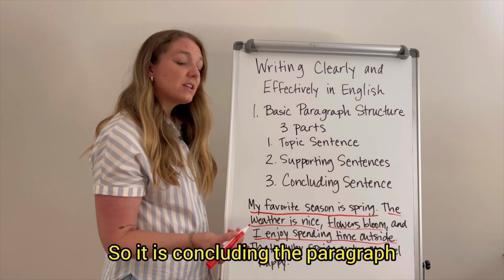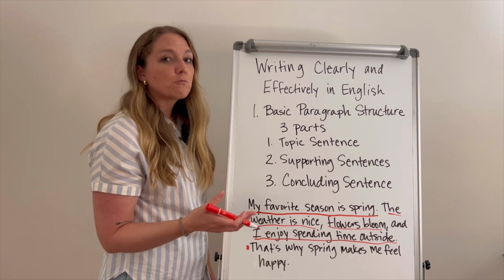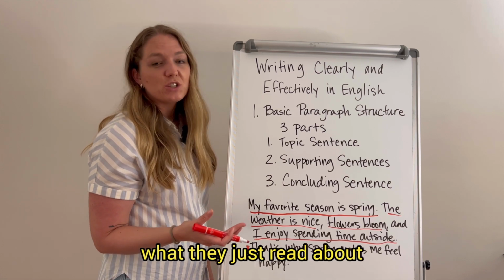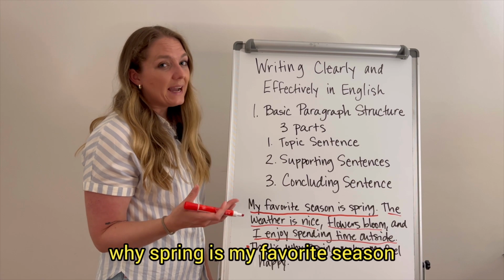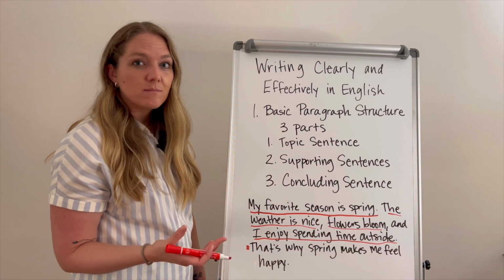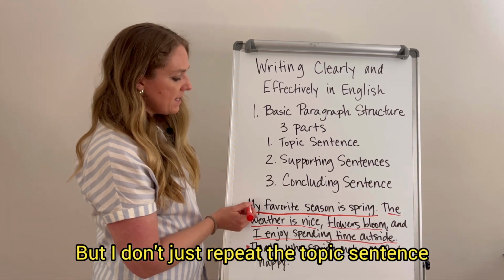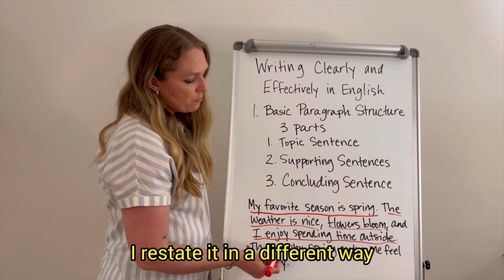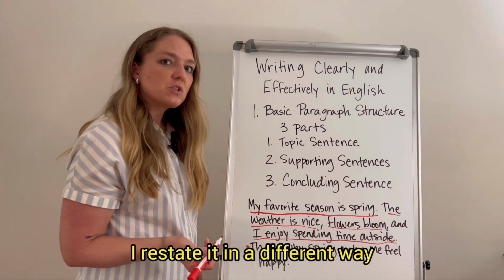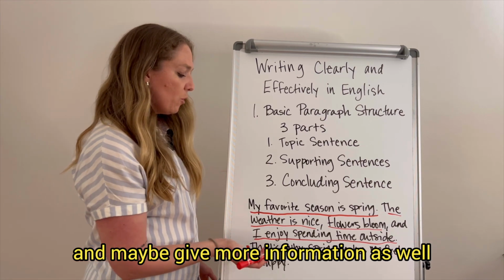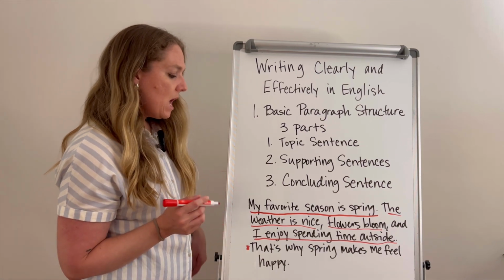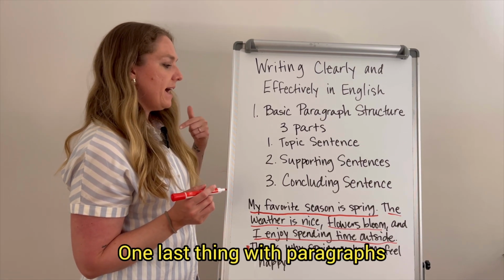So it is concluding the paragraph, reminding the reader what they just read about, why spring is my favorite season. But I don't just repeat the topic sentence, I restate it in a different way and maybe give more information as well. One last thing with paragraphs.